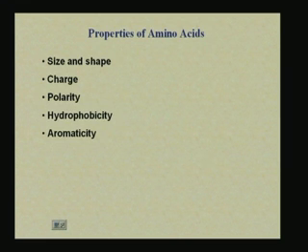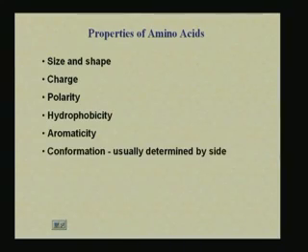The UV absorbance of proteins is usually monitored at 280 nanometers, and the absorbance that is observed is solely due to the presence of the aromatic amino acids phenylalanine, tyrosine and tryptophan.